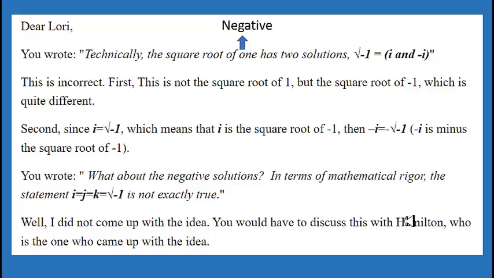He did not come up with this idea. I'm pretty sure he never said i equals j equals k equals the square root of -1. This is not what he is famous for. So this is what we're going to talk about in the next section.